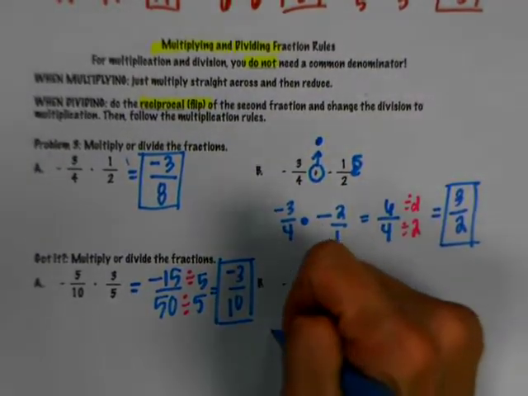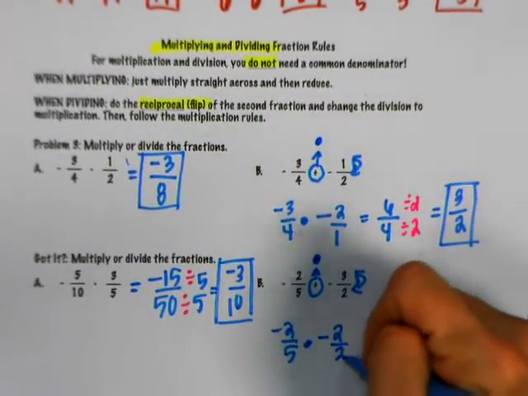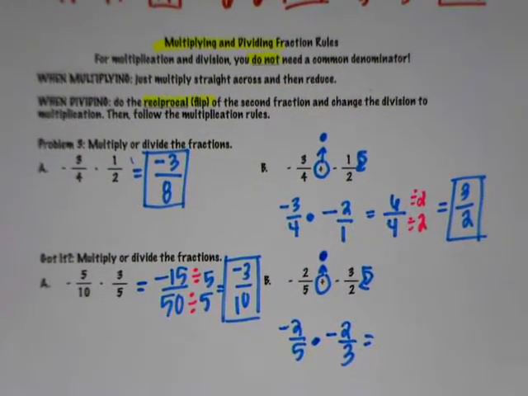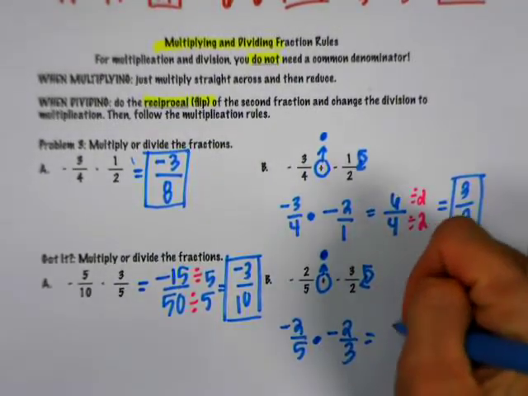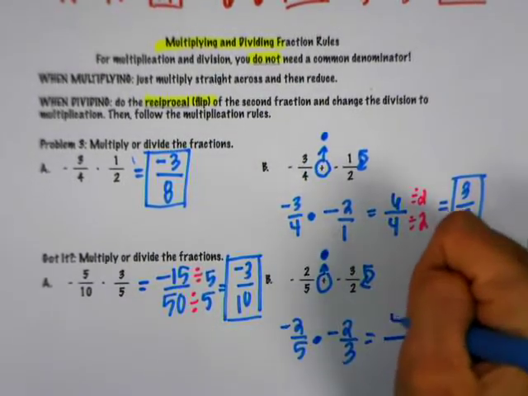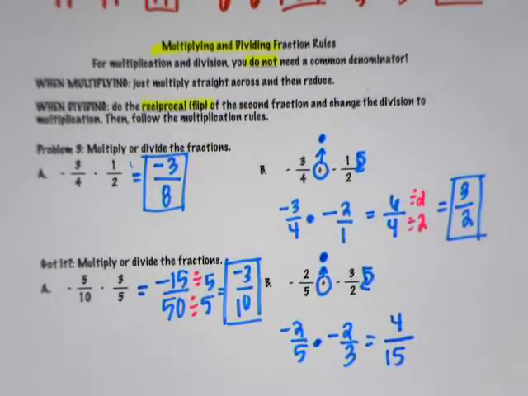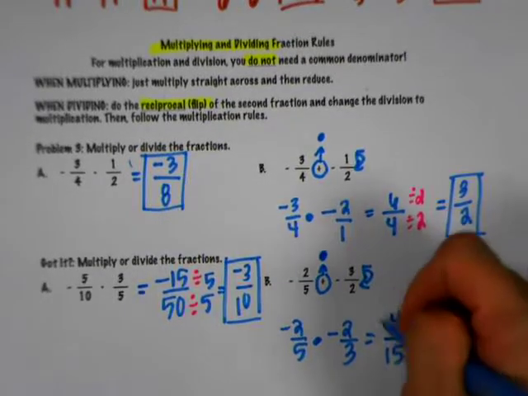So we'll get -2/5 times -2/3. Then go straight across. Negative 2 times negative 2, what's that give me? Yep, 4. 5 times 3, 15. Good. Can that be reduced? Okay, so then you're good.